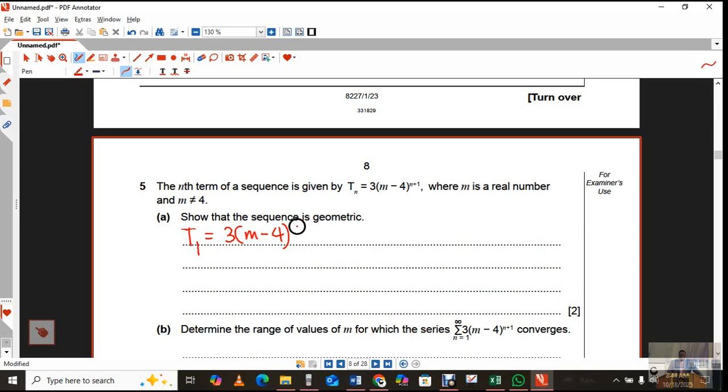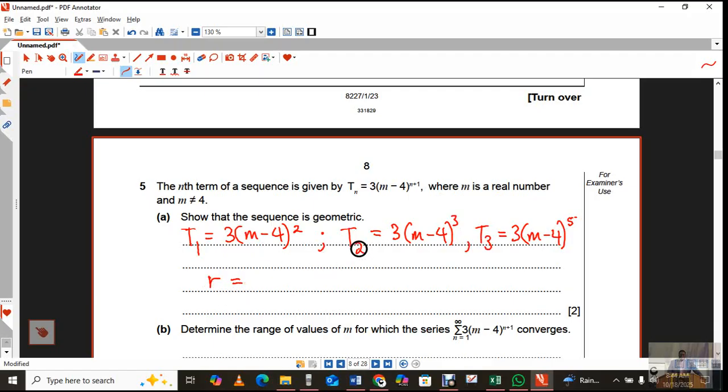1 plus 1, so that takes that to 2. The second term is going to be 3m minus 4. If you put a 2 there, you're going to get a 3. And the third term is going to be 3, then you have m minus 4, so you have got the 3 there plus 1. That is obviously making that a 5. Then you can see clearly that there is a common ratio.